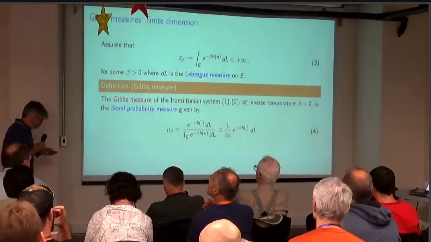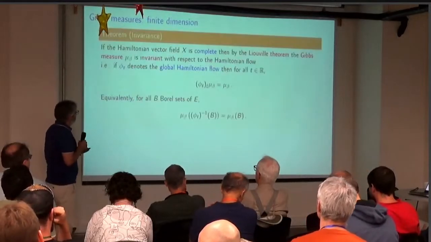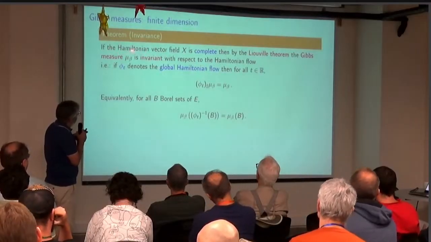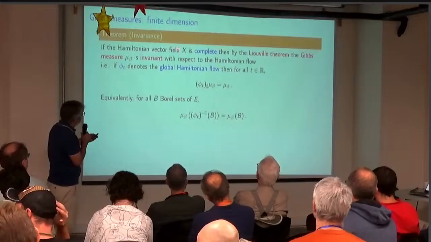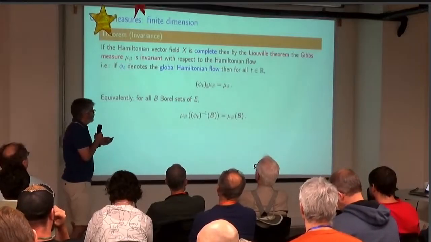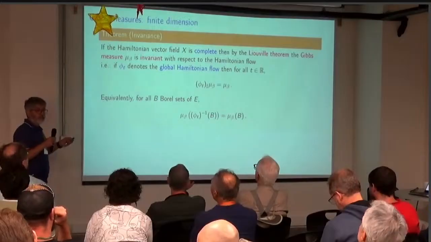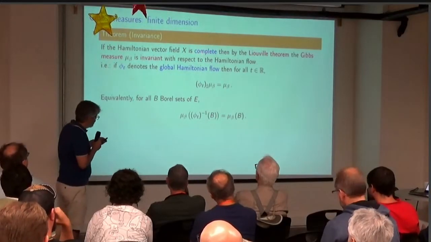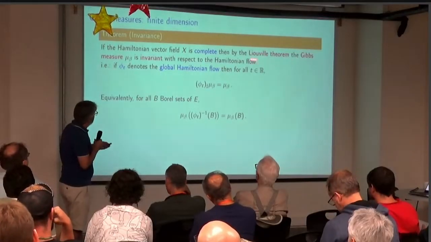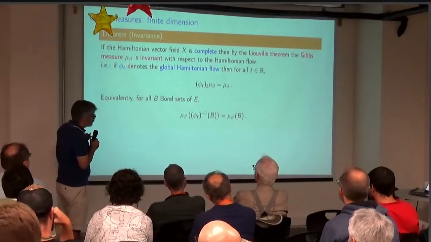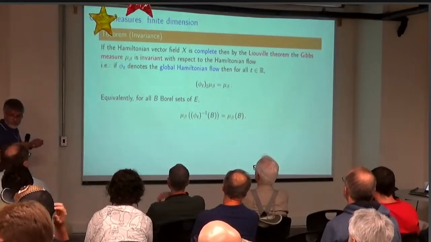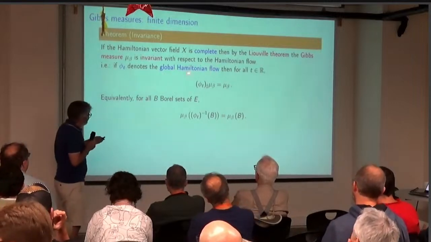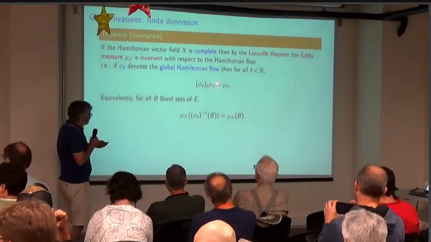Classical results tell us that if you consider the last Hamiltonian vector field, and if you suppose that, for example, H is sufficiently regular, so that we are able to prove that there is a complete vector field, then the Liouville theorem tells you that the Gibbs measure for sure is an invariant measure for the Hamiltonian. What does it mean exactly? The global Hamiltonian flow of the equation preserves the measure.